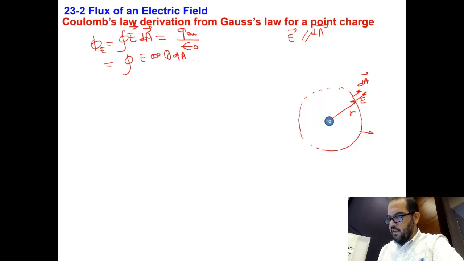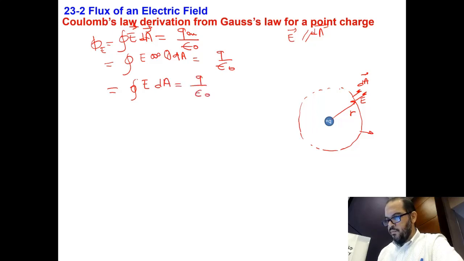This is equal to the charge enclosed, Q divided by epsilon 0. Now cosine 0 is 1, so this becomes the integral E dA, equal to the charge enclosed divided by epsilon 0.